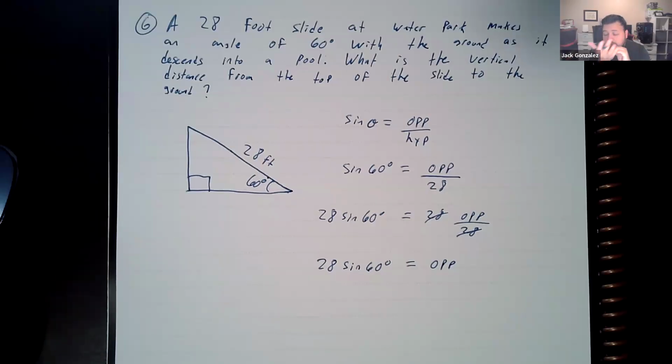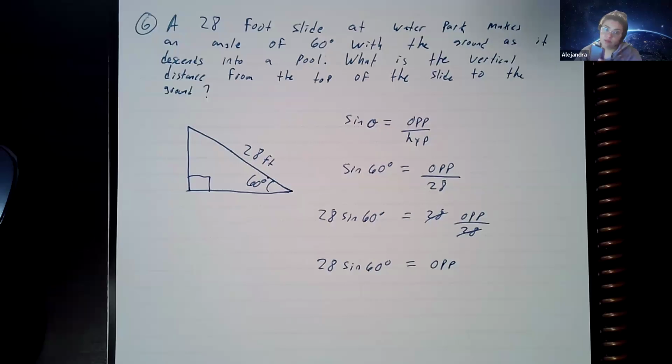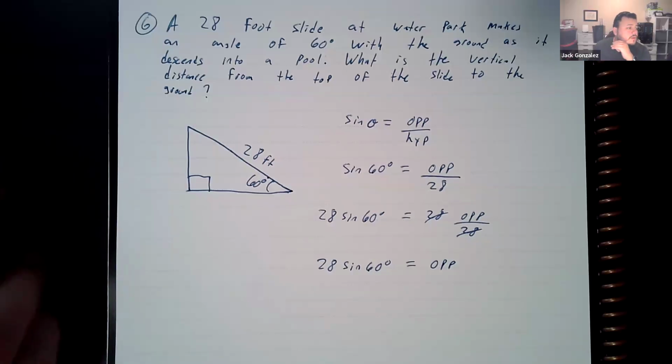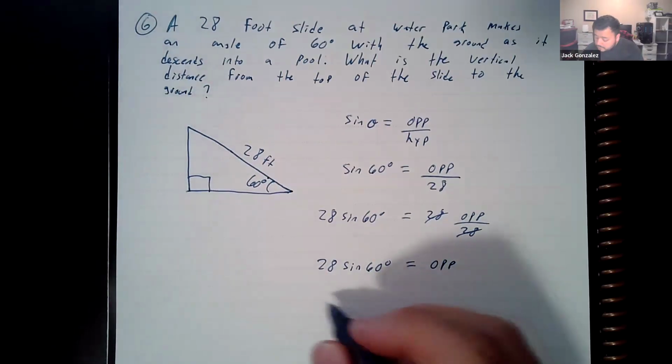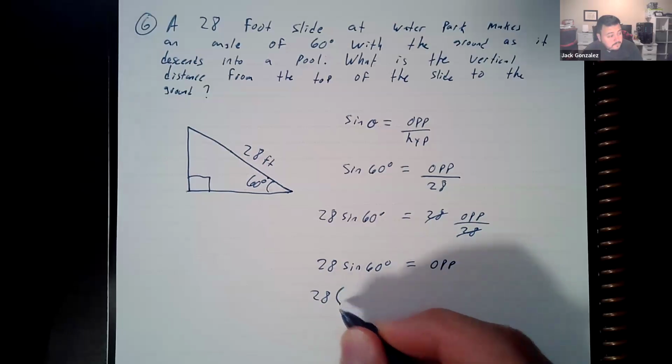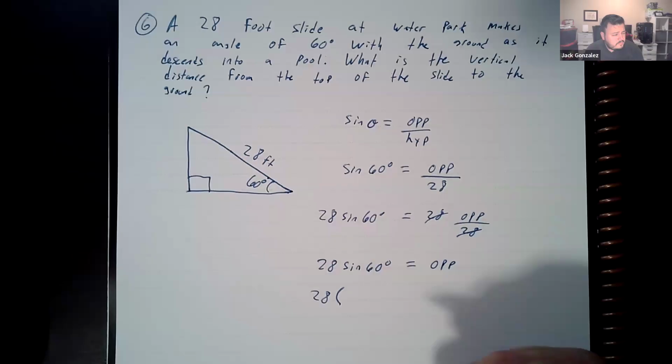At this point, we need a calculator, and I forgot to charge mine again. Let's see if my phone one will work. True, we could use the unit circle and then use our calculator. So it'll be 28 times sine of 60. Yeah, you're right.